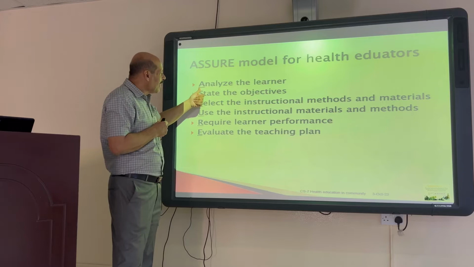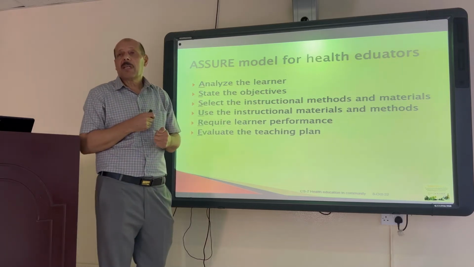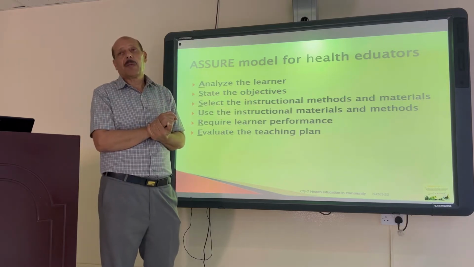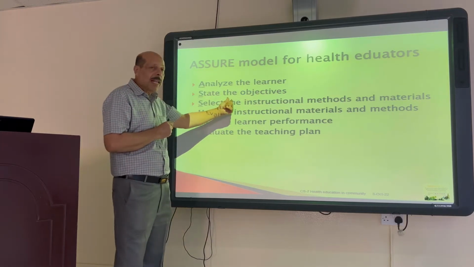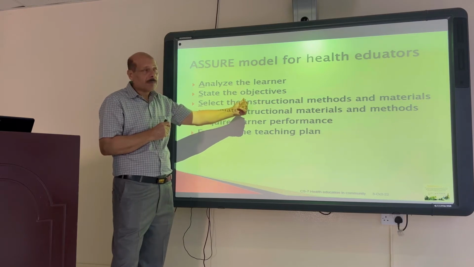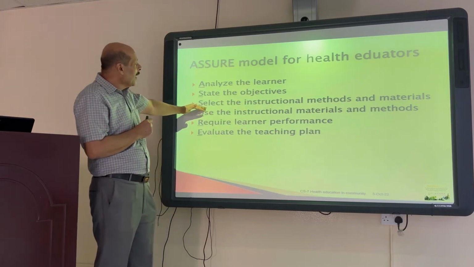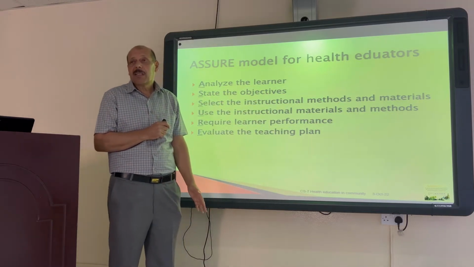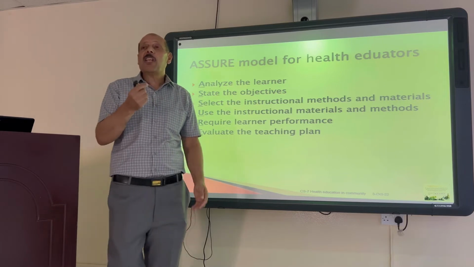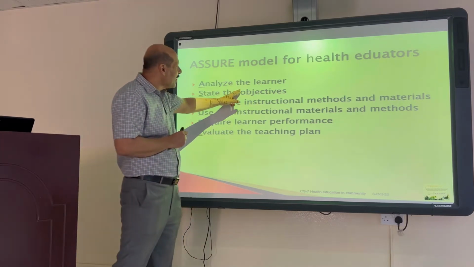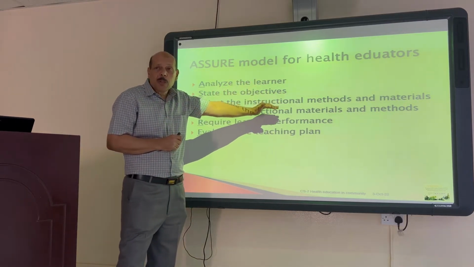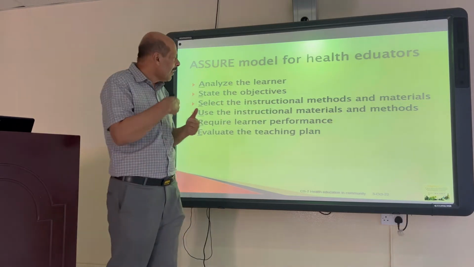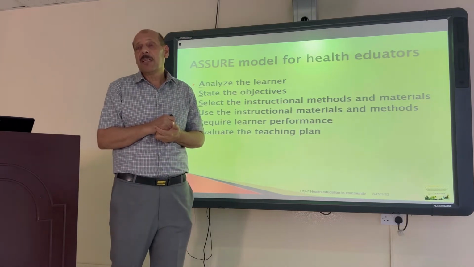Then, state the objective. I have to have a clear objective in order to give the health education. Also, select the instructional method and material. For each health education, according to the analysis of the learner, I have to structure the material and the method of giving that material.